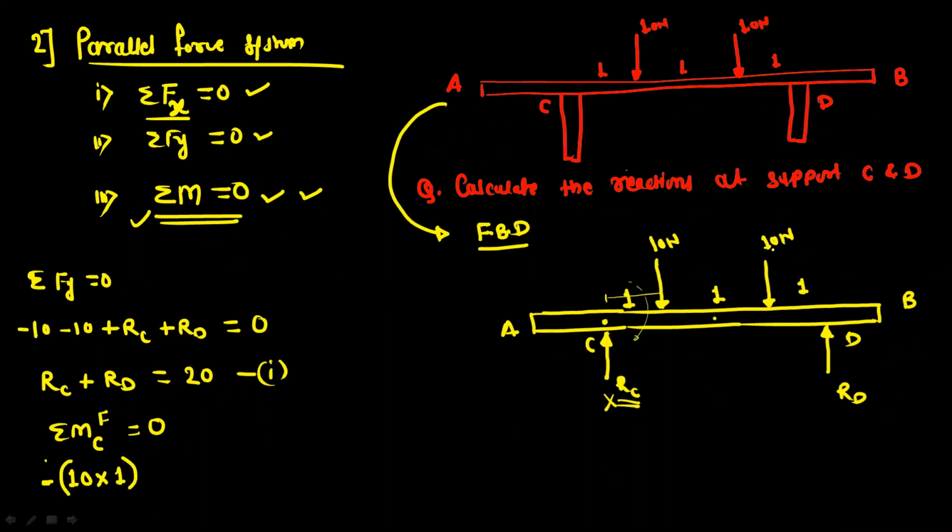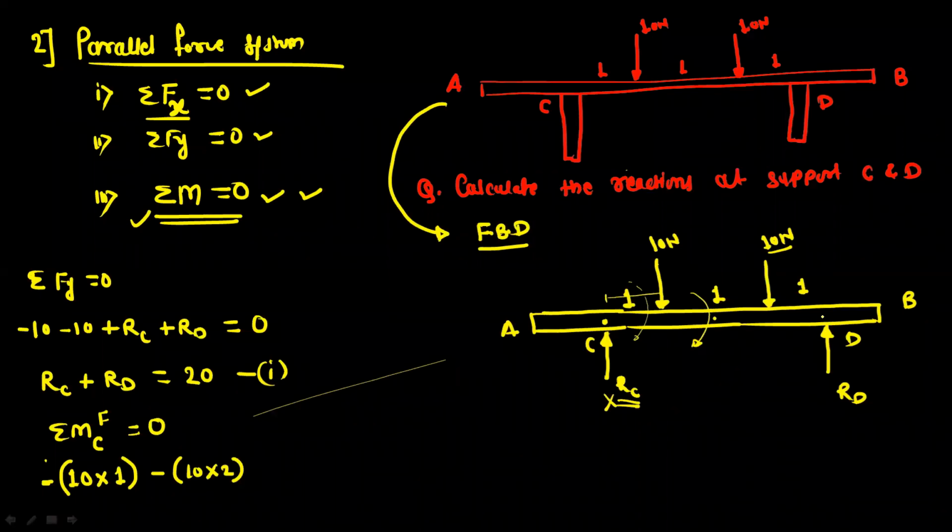Next is 10 Newton and the total distance is 1 plus 1, so this is 2 meter and force is 10, so this is 10 into 2. Again this moment is in the clockwise direction about the point C, so this is minus. Remember, all the distances we are measuring with respect to point C only.